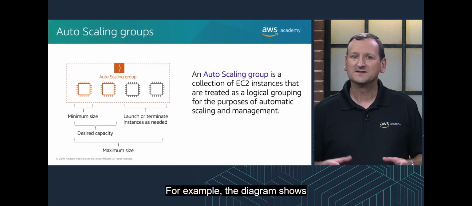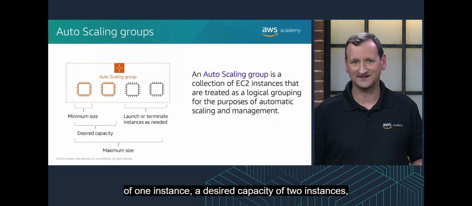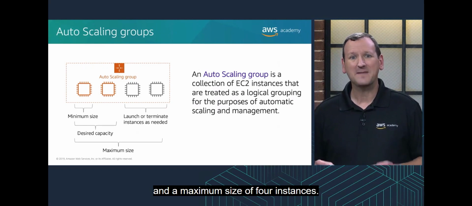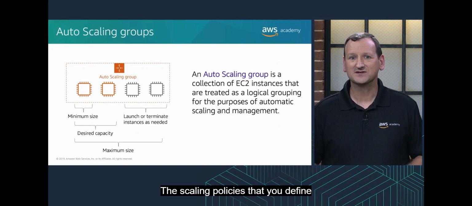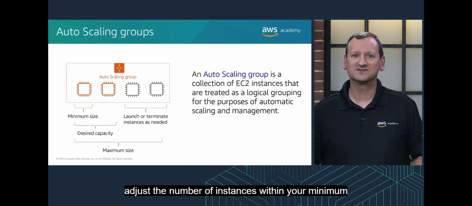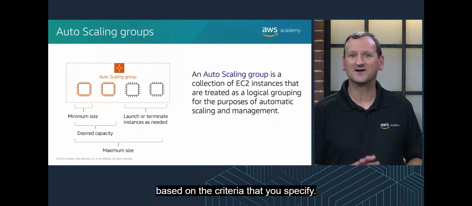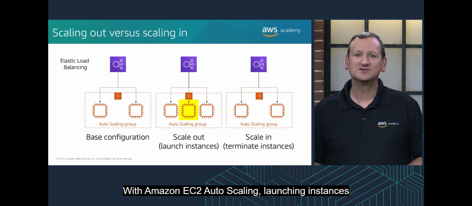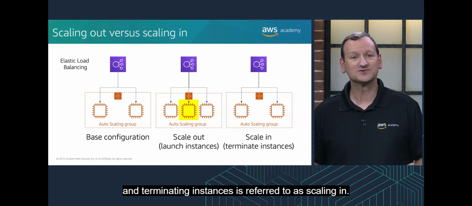For example, the diagram shows that this Auto Scaling group has a minimum size of 1 instance, a desired capacity of 2 instances, and a maximum size of 4 instances. The scaling policies that you define adjust the number of instances within your minimum and maximum number of instances based on the criteria that you specify. With Amazon EC2 Auto Scaling, launching instances is referred to as scaling out, and terminating instances is referred to as scaling in.